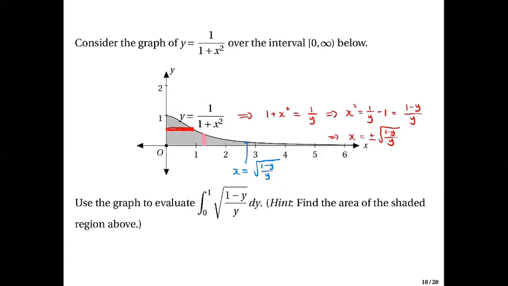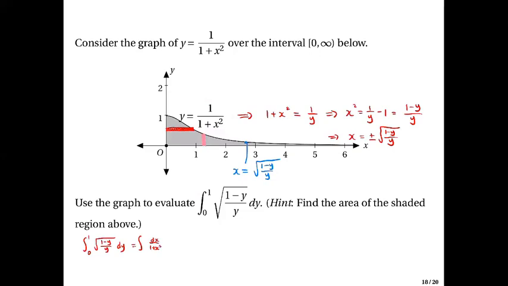This means that this integral here, the integral from 0 to 1 of the square root of (1 minus y) over y dy, should be the same as the integral of 1 over 1 plus x squared dx.